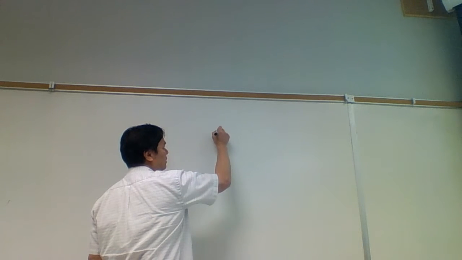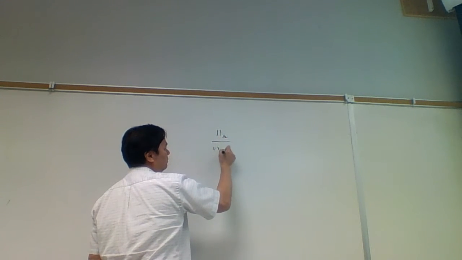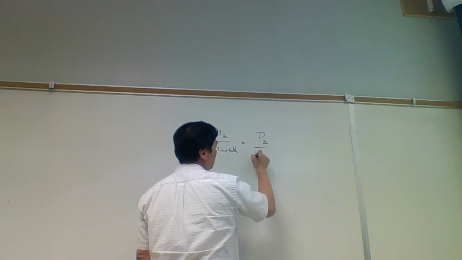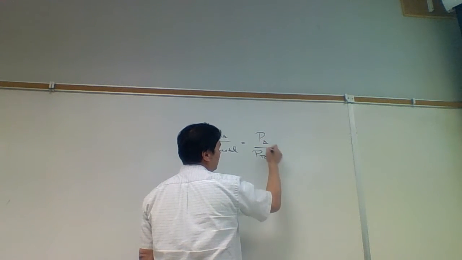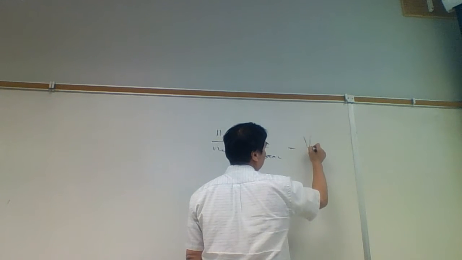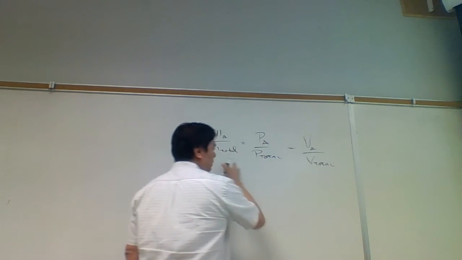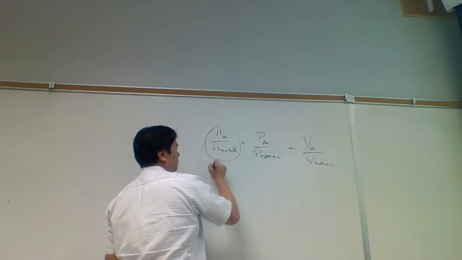The mole fraction, Na over N total, is equal to the pressure fraction, Pa over P total, which is equal to the volume fraction, Va over V total. This is always true.